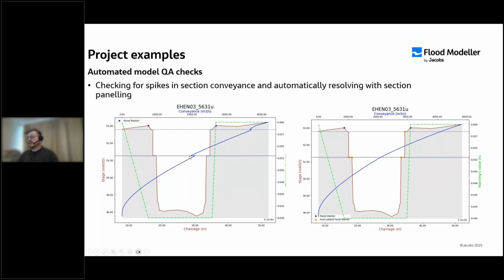And we could even take it a step further and in the API itself, automate the process of adding panel markers at those levels. And so as a reviewer, we can see the before and after of the conveyance curve, and it still gives the reviewer the chance to actually decide whether or not they do want to have those panel markers added.